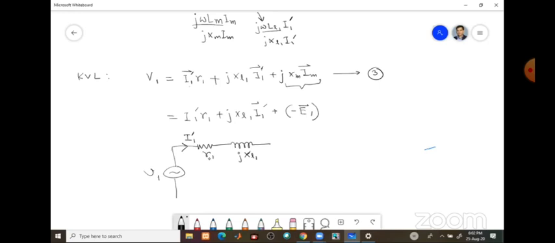Therefore the effective voltage drop is JXL1 into I1 prime. So when this I1 prime current flows through R1, we can expect the voltage drop I1 prime R1.